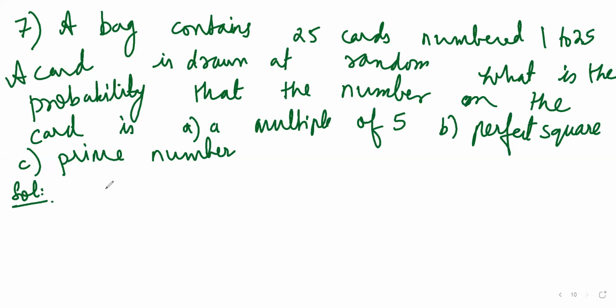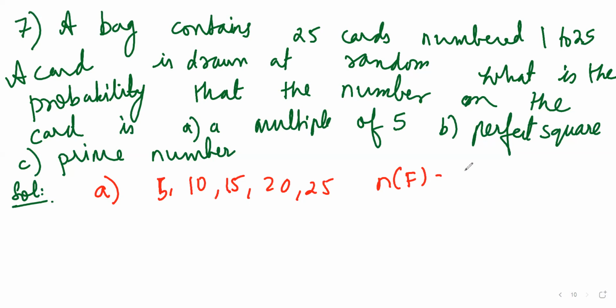See, not that I have to write all of it, but if I want to try to go with the first part, what are the multiples of 5? 5, 10, 15, 20 and 25. So what is n of my favorable? It is 5. Sample space, that is all the total cards that are there, their count is 25.